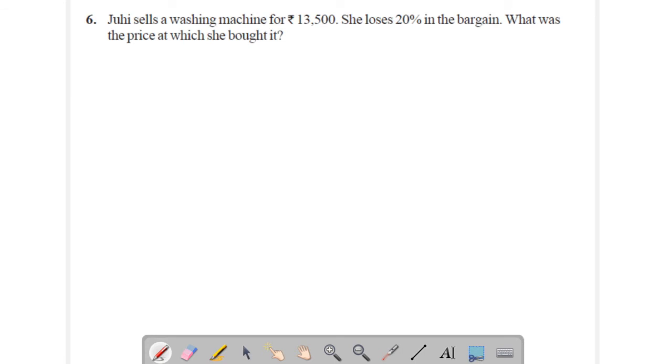Now come to question number 6. Juhi sells a washing machine for rupees 13,500. She loses 20% in the bargain. What was the price at which she bought it? See the solution.